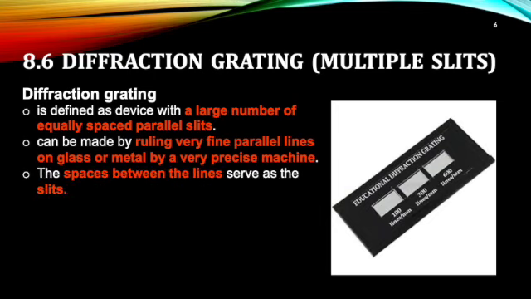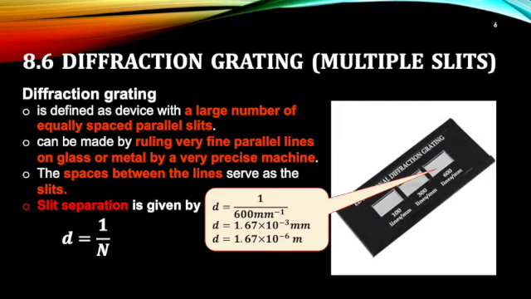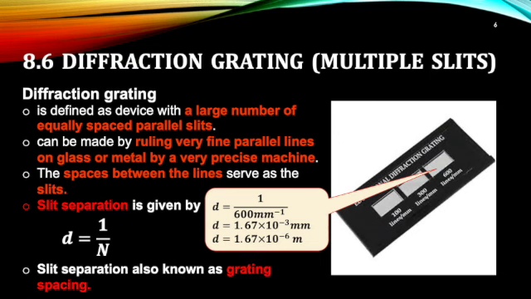The spaces between the lines serve as the slits, and the slit separation is given by d equal to 1 over N, the number of lines. For example, with 600 lines per millimeter, converting to meters, d is equal to 1.67 times 10 to the power of negative 6 meters. Slit separation is also known as grating spacing.